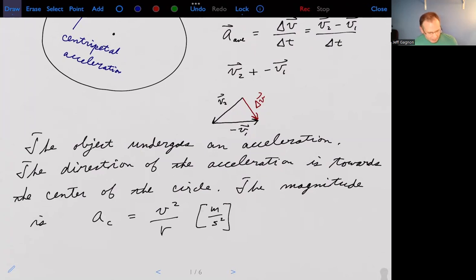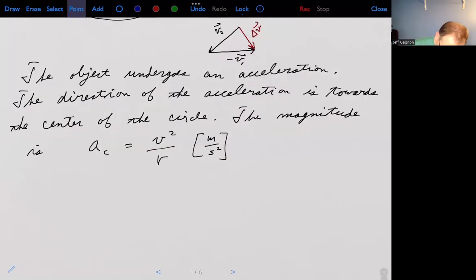Okay. On the next page, we'll derive where this magnitude comes from. But for now, let's just list it as v squared over r. Okay. So, and again, v is the speed, right? That tangential speed.